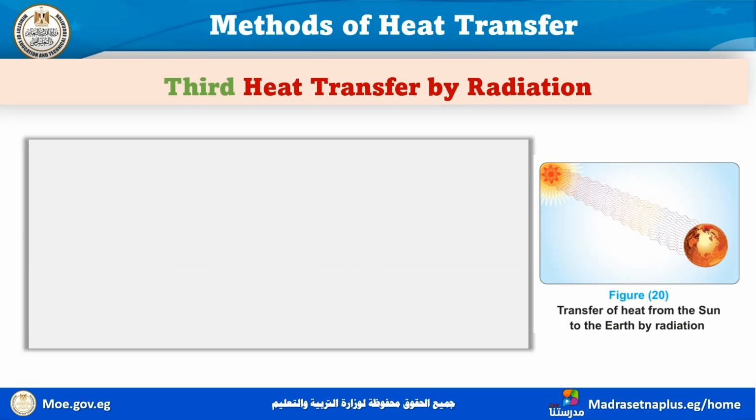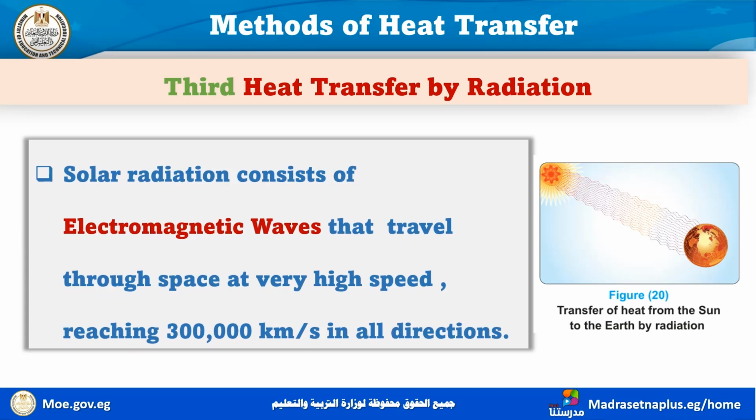In this case, the solar radiation, which consists of electromagnetic waves, travels through space with a very high speed, reaching 300,000 kilometers per second in all directions, and heat transfers by the third method, which is radiation.